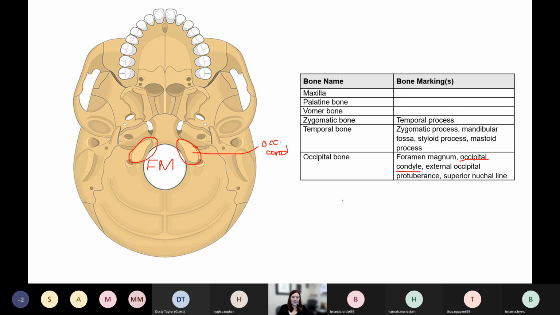Back farther on the occipital bone, we've got our external occipital protuberance. External occipital protuberance. And next to that is the superior nuchal line. Superior nuchal line.